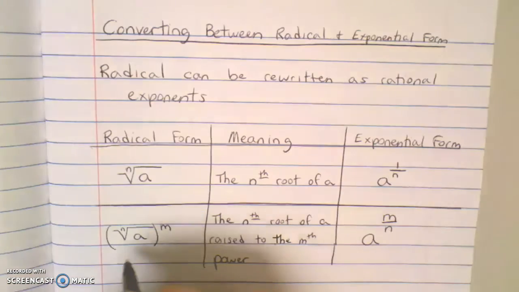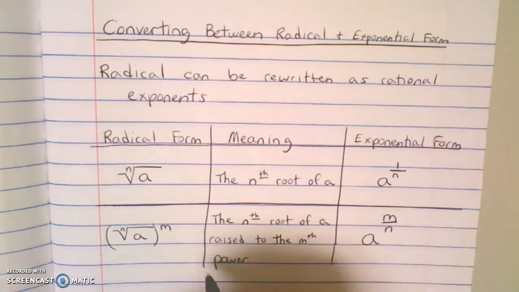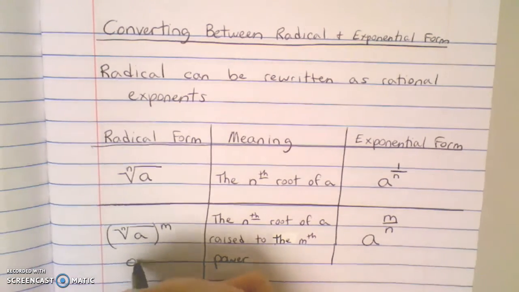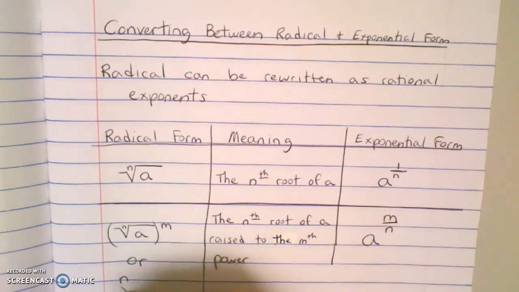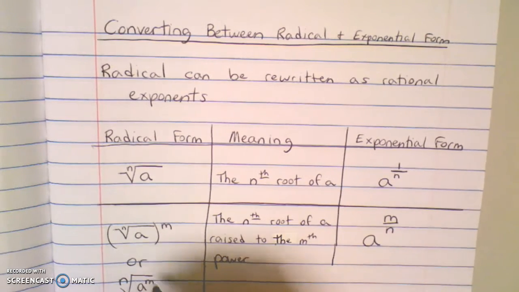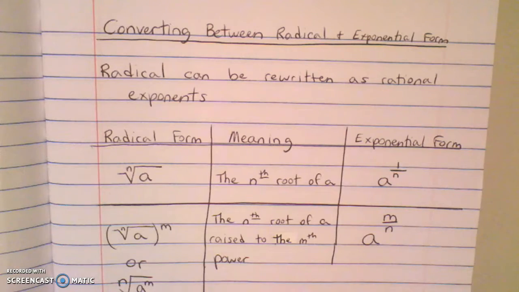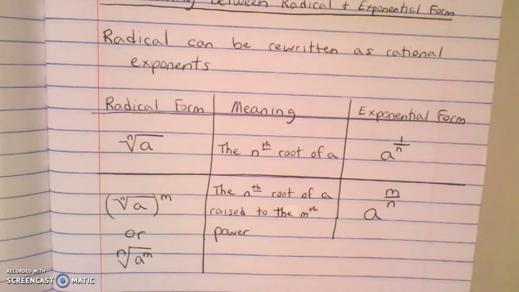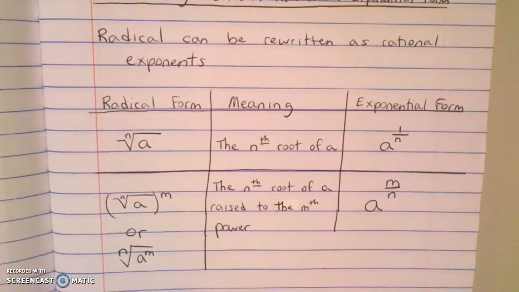You might also see this written as the nth root of a to the m, and the m is underneath. Either way, it's the same meaning. So right now, this probably doesn't look like it makes a lot of sense. We're going to look at some examples and convert them in between to see if that helps you.